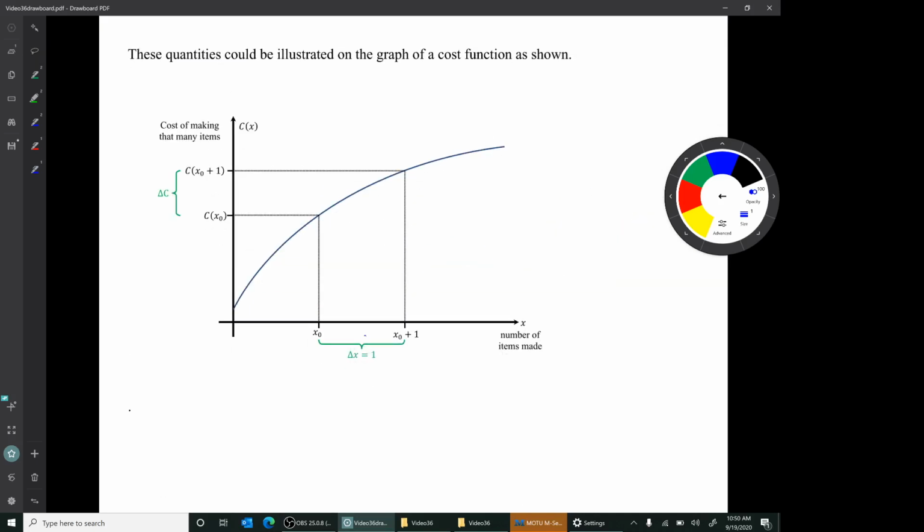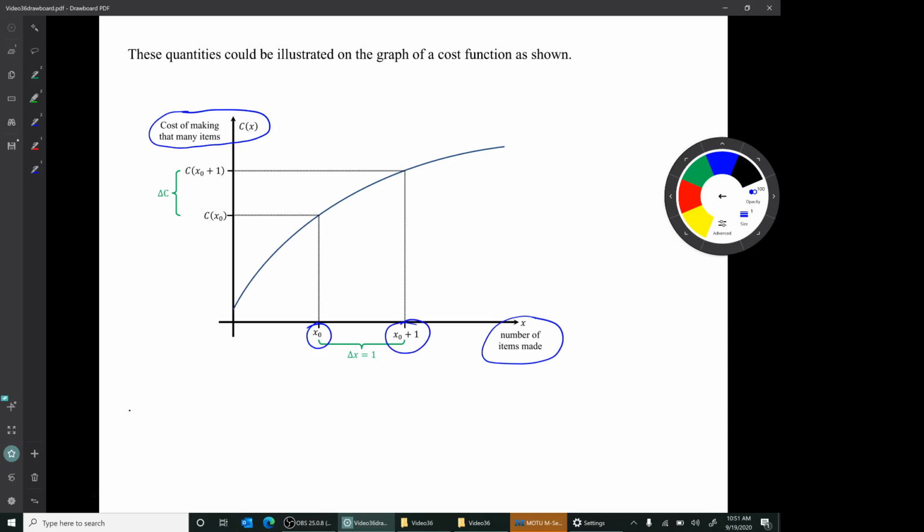These quantities could be illustrated on a graph of a cost function as shown. In this graph, the x-axis is the demand, x, the number of items made. The vertical axis is the cost, C(x), the cost of making that many items. Our initial number of items made is x subscript 0. Our increased number of items made is x subscript 0 plus 1.